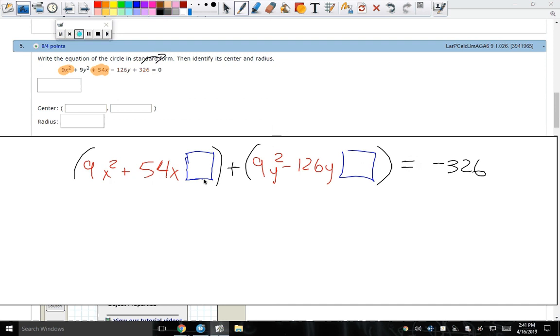Okay, so like Megan was saying, what's important right now, guys? What numbers are you looking at that you have to start going toward and start altering them? 9. So the fact that these coefficients are not a positive 1, we're going to change that. Otherwise, GCF. I'm going to pull out a 9 from those two terms.